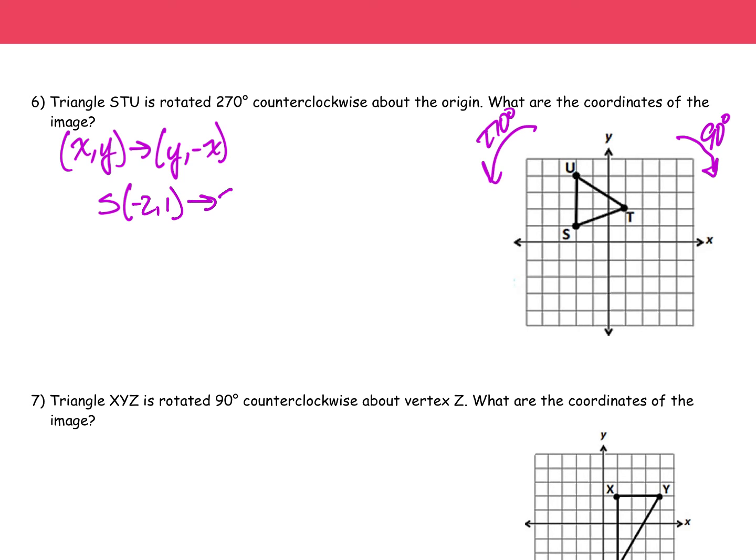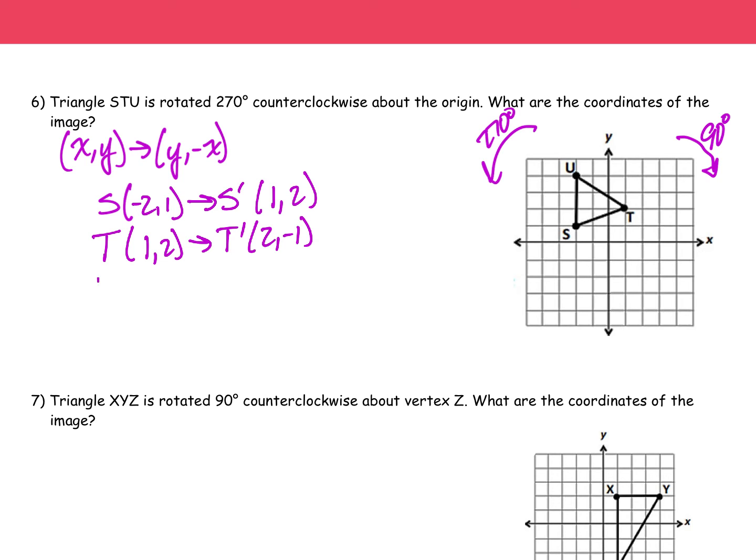And what does it become? Where's S prime at? 1, 2. Beautiful. And where's T located at? 1, 2. Good. So where's T prime going to be located at? 2, negative 1.